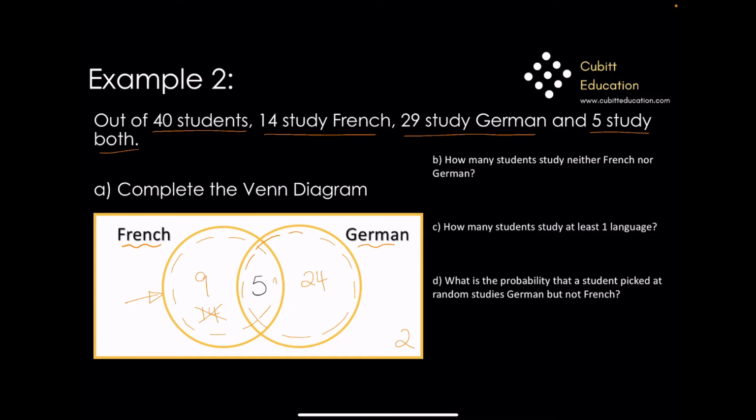Think about what I've just said whilst I explained the Venn diagram. The next question says, how many students study at least one language? And then, what is the probability that a student picked at random studies German but not French? So pause the video and have a go, and then press play for the answers.